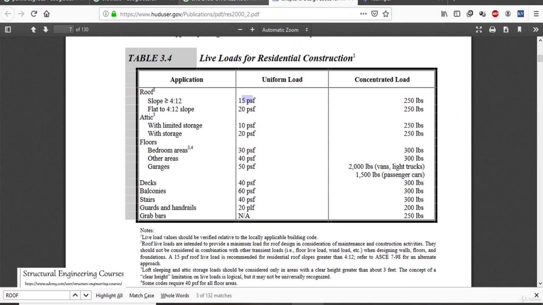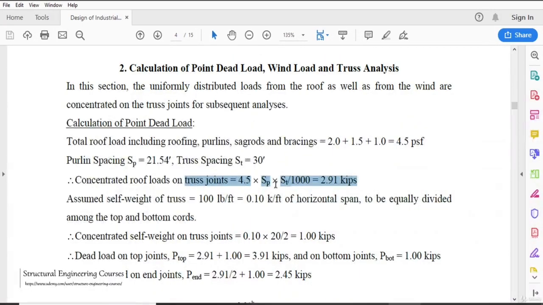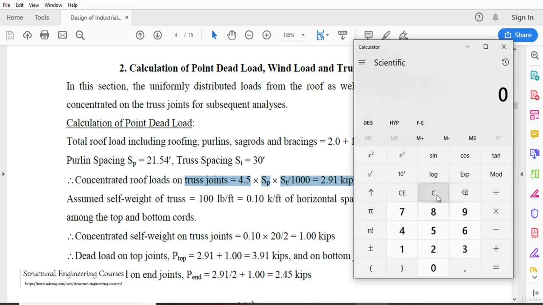So in our case we can go with the lesser value, so we can go ahead with 15 psf force. So now when we are considering this 15 psf force here, we do need to consider 15 into SP into ST divided by 1000. So that value comes out to be approximately 15 into SP is 21.54 into ST is 30 divided by 1000, and this value comes out to be approximately 9.7 kips forces.